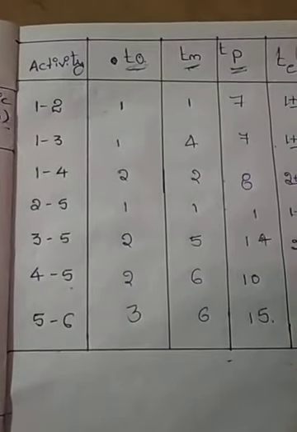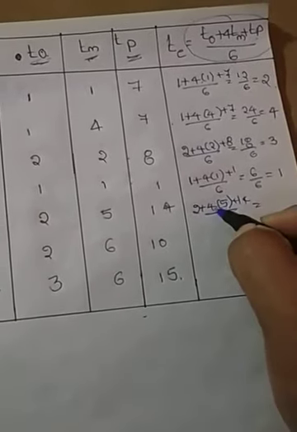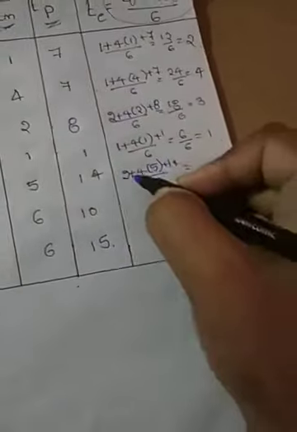Next, 2 plus 4 into 5 plus 14, divided by 6. 4 fives are 20, 20 plus 2 is 22, 22 plus 14 is 36, and 36 divided by 6 is equal to 6.